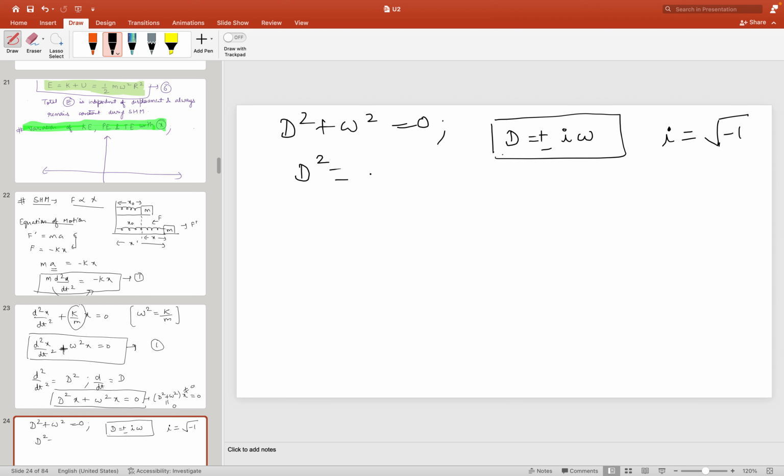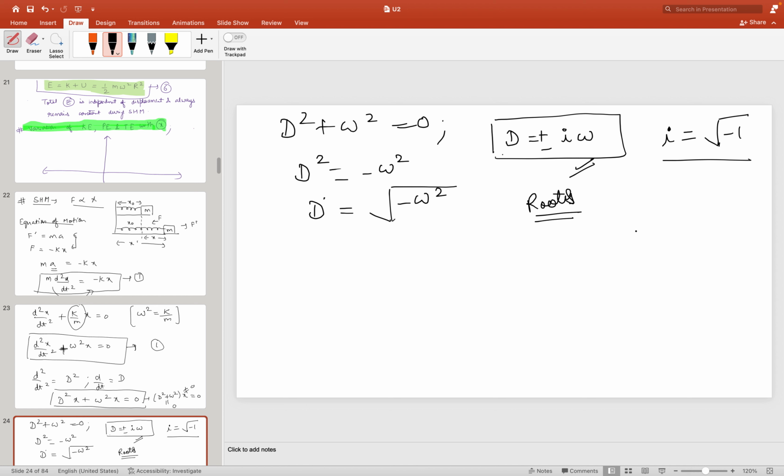Because D square was coming out to be equal to minus omega square, and if we take the under root of a negative term, we have to consider the imaginary part, because the under root of a negative term cannot be taken as a real number. But we know that under root minus 1 is equal to iota. So we can write it as plus minus iota omega here. The roots of the equation are plus minus iota omega.